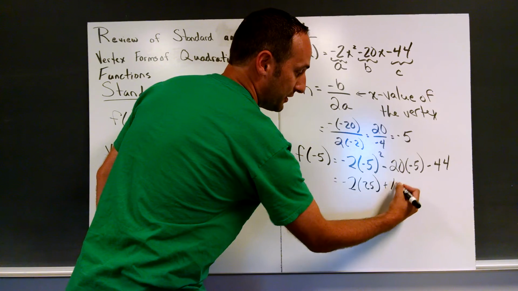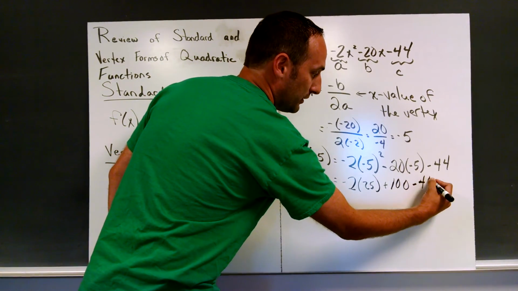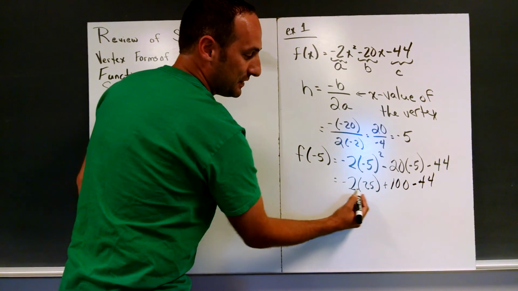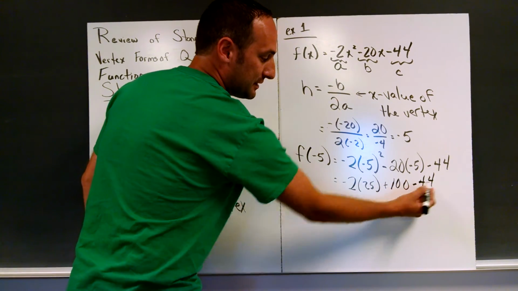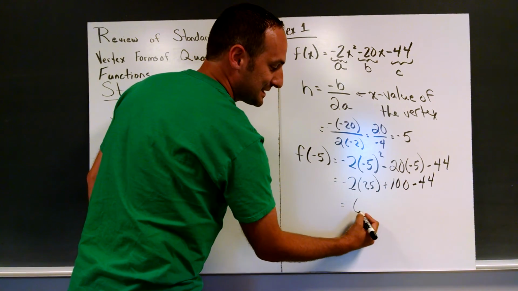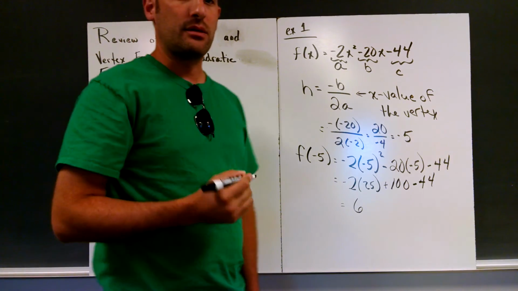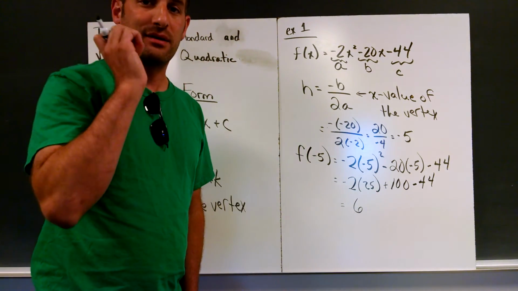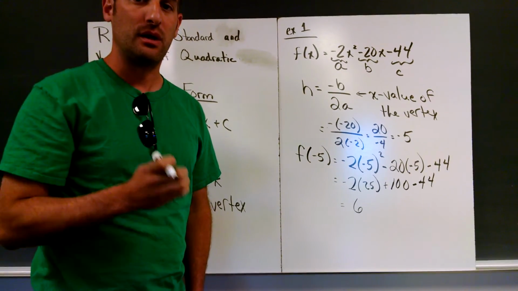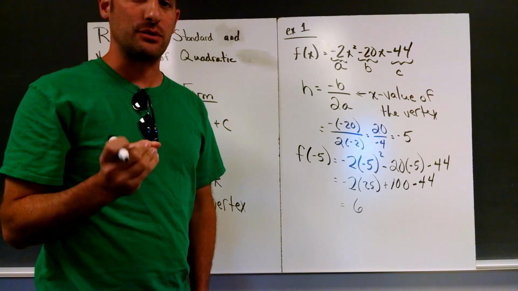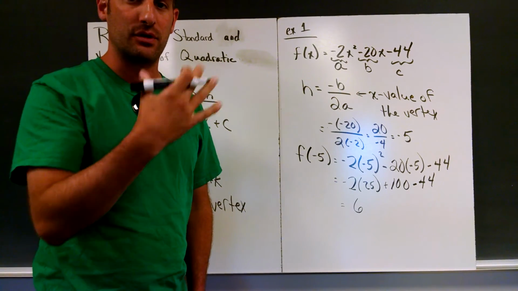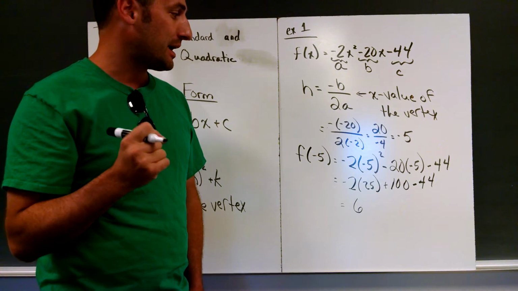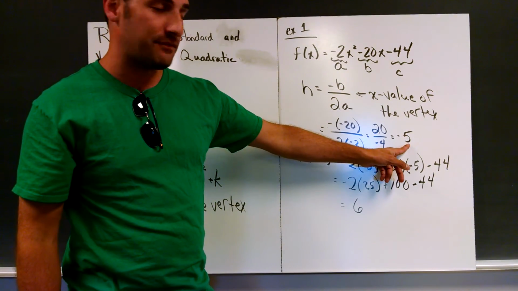We've got plus 100 when I multiply those, minus 44. So negative 50, that makes it 50, minus 44 equals 6. And altogether, that is the number k that we were looking for. That is the y value of the vertex, the output at the vertex right there. So we know now that the vertex was at negative 5, 6.